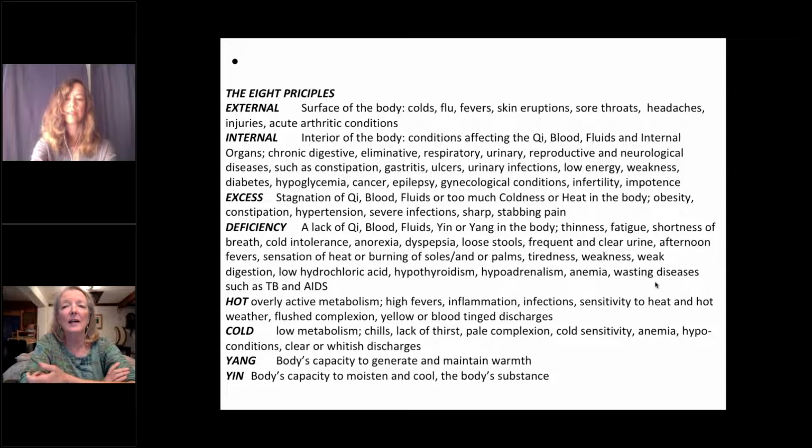How that would look is an organ that's hypofunctioning in terms of its signs and symptoms, which we'll learn about on Thursday, and stagnation happening somewhere in the body, or excess heat in the liver and deficient yin or yang of the kidneys. That's a really common pattern. So you can have any combination of these things, and of course you can have external and internal conditions happening simultaneously, and you can have half internal and half external.